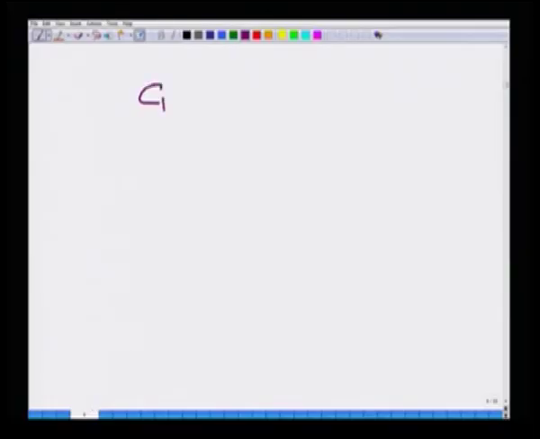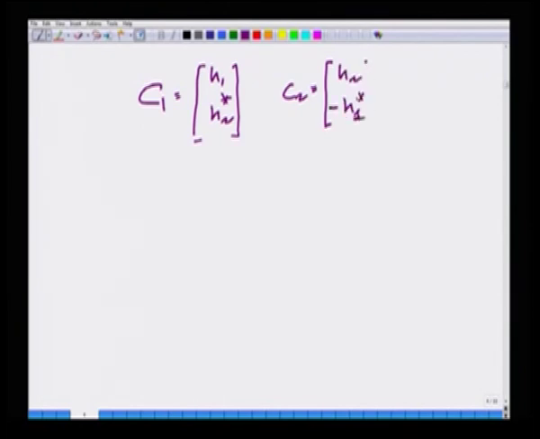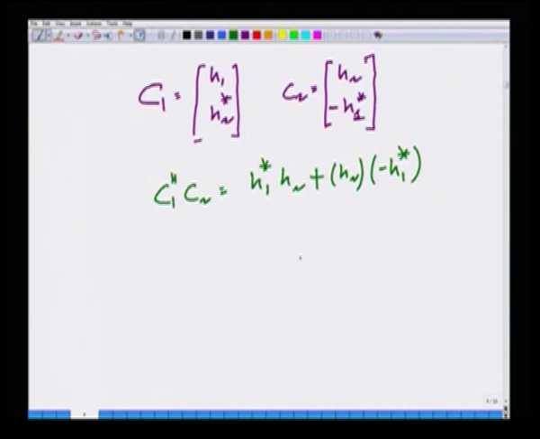Column 1 is nothing but H1, H2 conjugate, column 2 equals H2, minus H1 conjugate, and hence column 1 Hermitian column 2 equals H1 conjugate times H2 plus H2 times minus H1 conjugate. This is equal to H1 conjugate H2 minus H1 conjugate H2, which is 0.